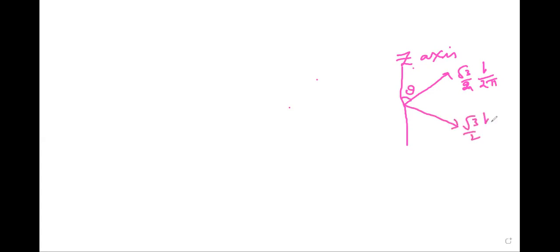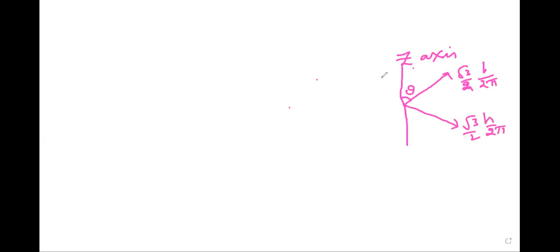So this is the Z axis. Then the orientation of spin is root 3 by 2 into h by 2 pi, which makes an angle theta with the z axis, and again which is root 3 by 2 into h by 2 pi.